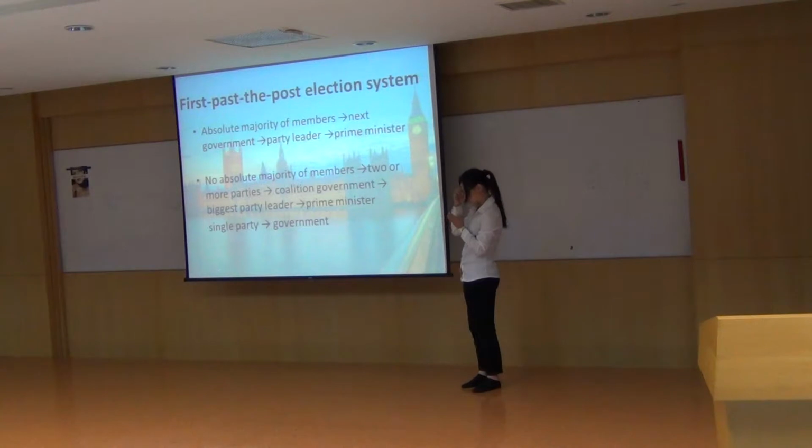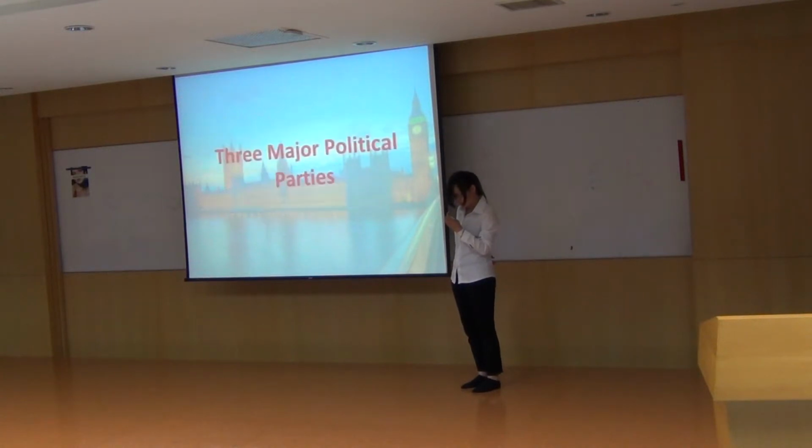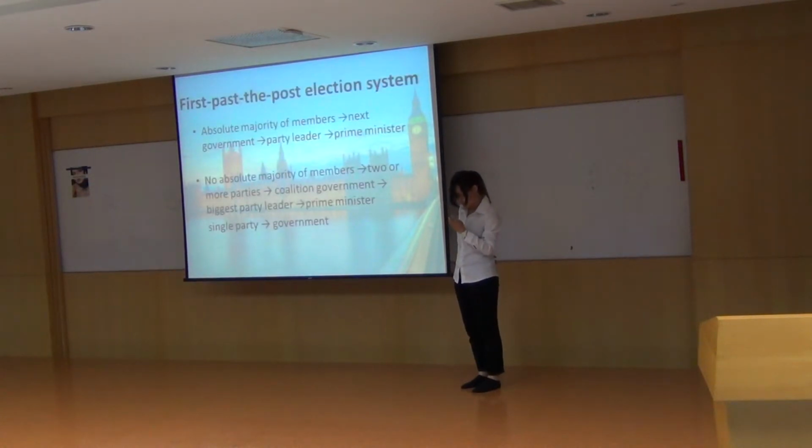If no party has an absolute majority, two or more parties will form a coalition government. Basically, the leader of the biggest party will become Prime Minister, or a single party will form the government through alliances with other parties and informal governments, to perpetuate it.